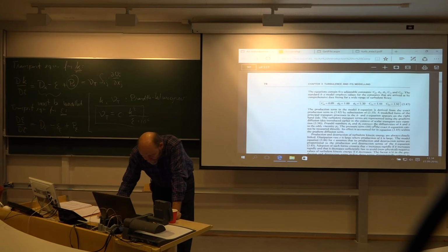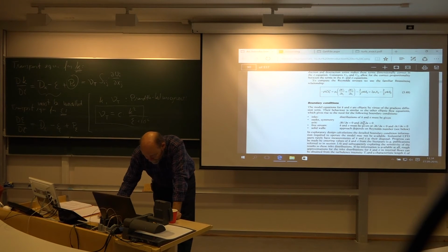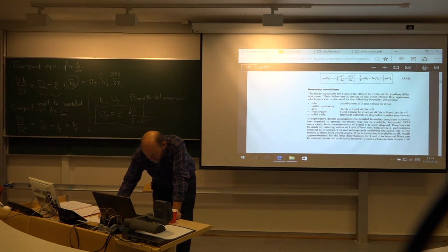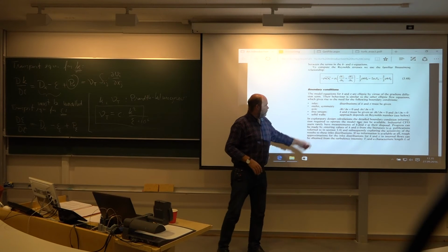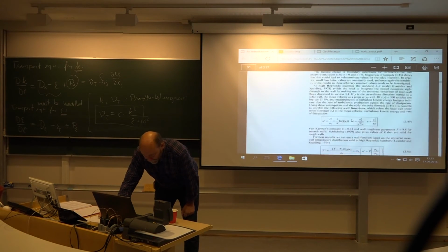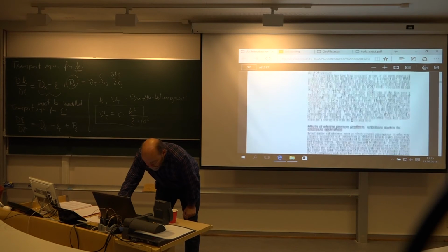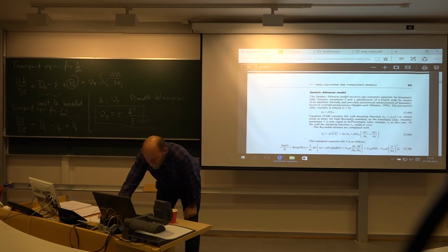In Versteeg, after each model, he has a quite nice description of the different models, what you need, where the models are good and where the models are bad. So should be listed here somewhere. No, well, it comes later.